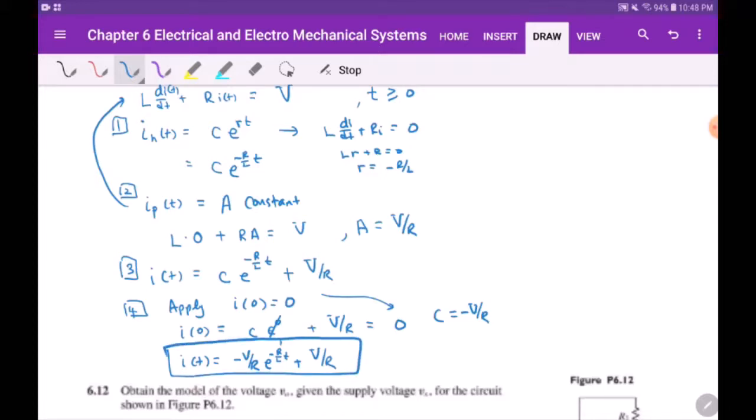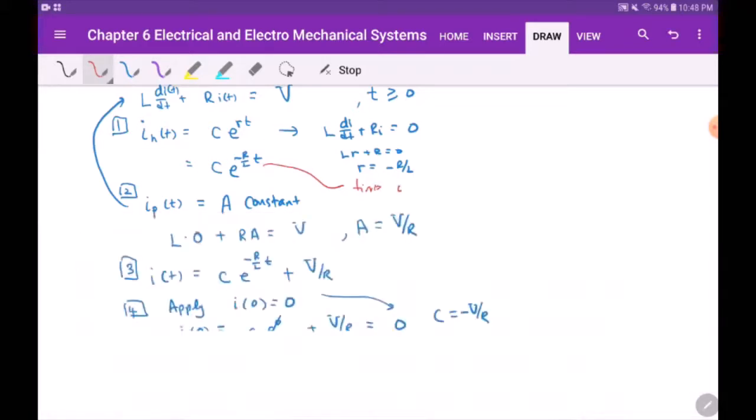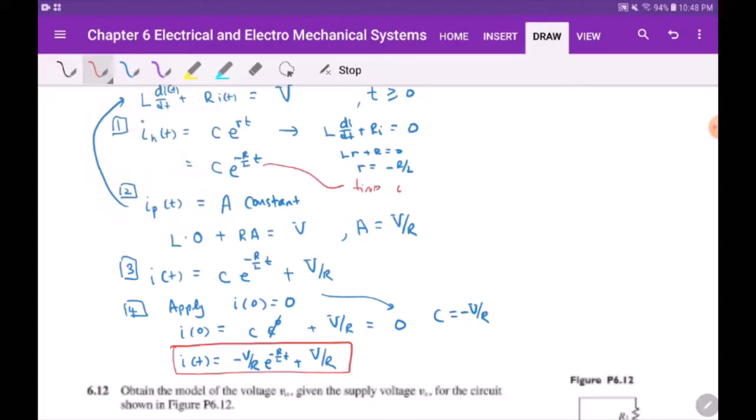So note, it has a time constant. This function, your homogeneous solution, has a time constant of tau equals L over R. That's how long it takes for the initial value to decay to e to the negative 1.